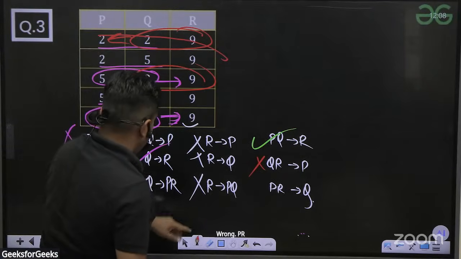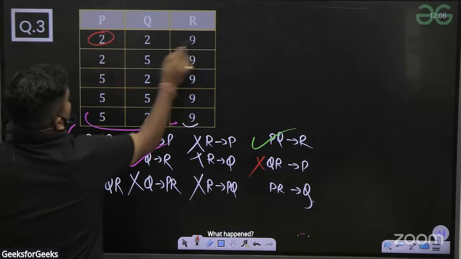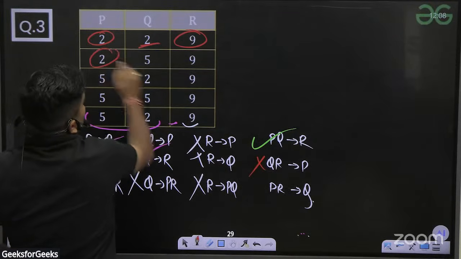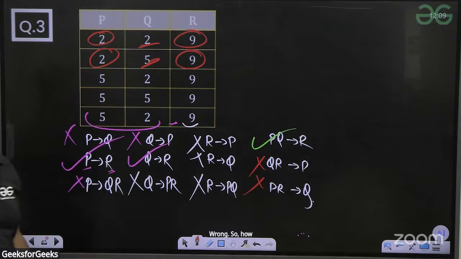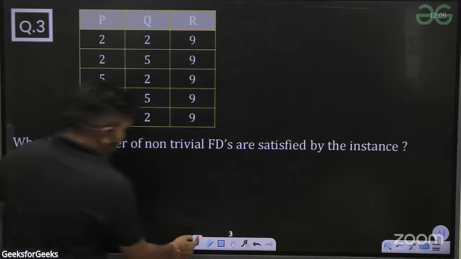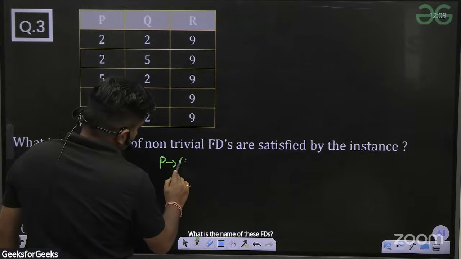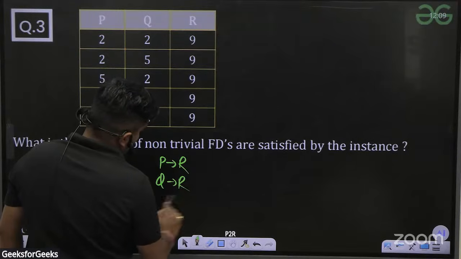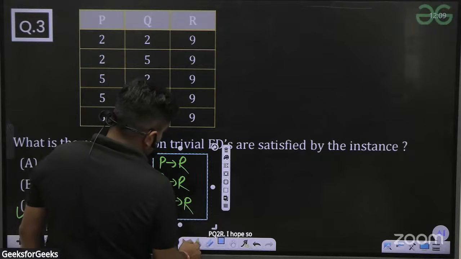PR: what happened? 2, 9 gives 2, 2, 9 gives wrong. So how many FDs are valid? 3. What are the names of these FDs? P2R, Q2R, PQ2R. I hope each and everyone is getting it.